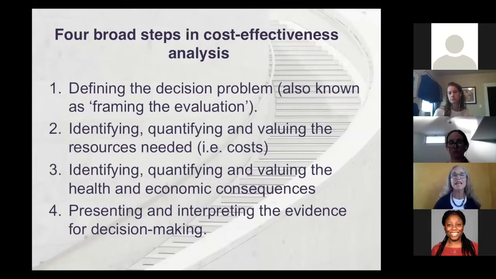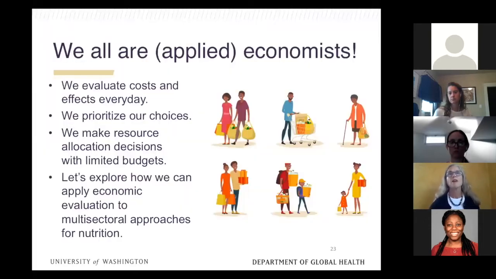And you have to present and interpret the intervention for decision making. Basically, we are all applied economists if you think about it. We evaluate costs and effects every day when we make purchasing decisions, how we spend our own budgets. We are next going to explore how we can apply these conceptual and theoretical concepts in economic evaluation to a specific multisectoral approach for nutrition.